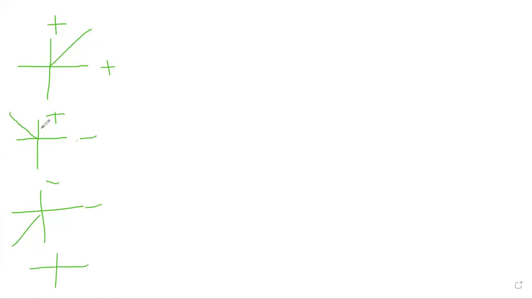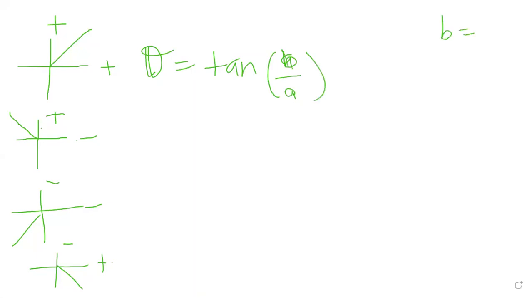So as I said, I hope those who were inside are joining back. Sorry for that. For the real part, we just have our theta to be for the positive. So we have tan inverse of B over A, where B is the imaginary part and A is the real part. So let me write it here. B is imaginary, A is real. I hope you all get this part.